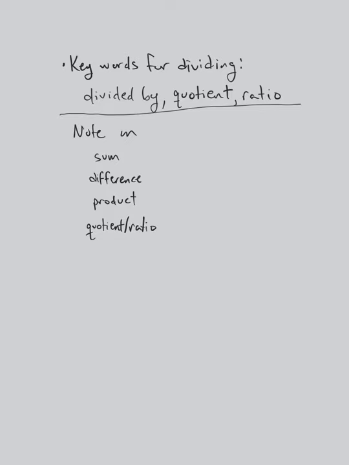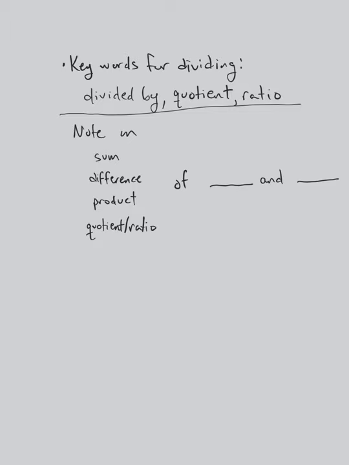In the phrasing for these problems, it'll be one of these four words. It'll say the sum, or the difference, or the product, or the quotient, and then it'll say of, and it gives two things. The key thing is those two things are going to be separated by the word and. Those end up being the two things that you either add, subtract, multiply, or divide. So look out for that.